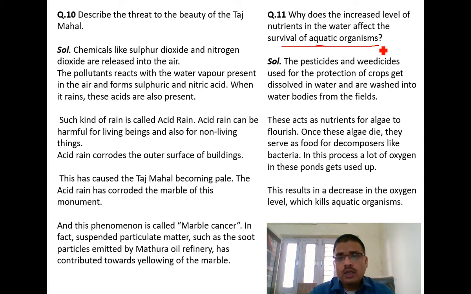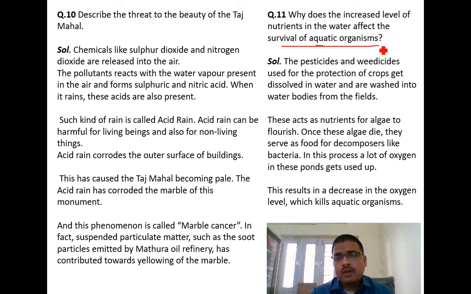According to this question, nutrients in the water means carbohydrates, proteins, minerals, as well as fiber. If these nutrients are increased, then the survival of aquatic life will be in great danger.